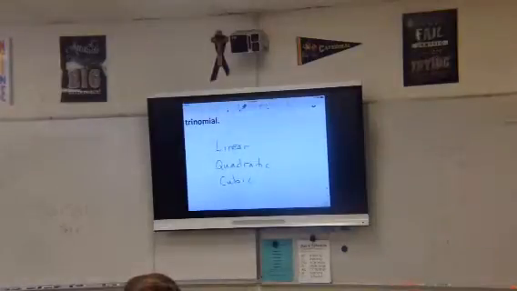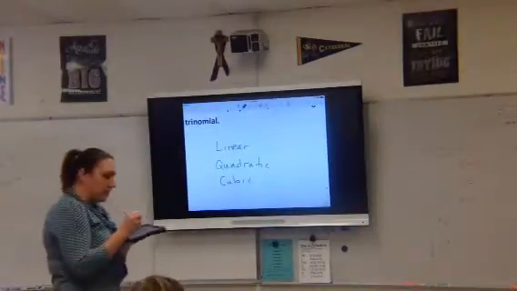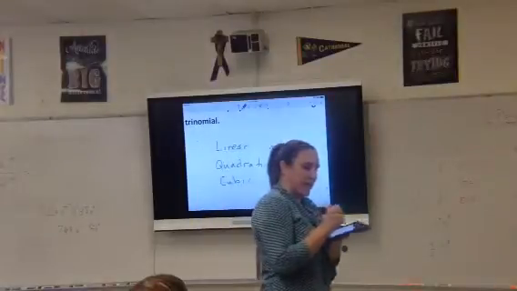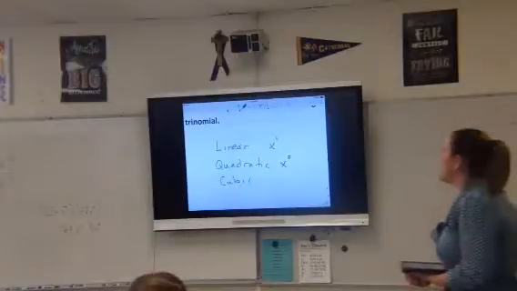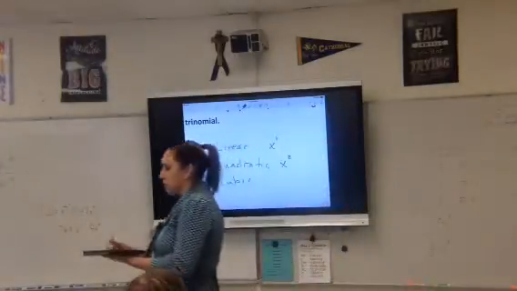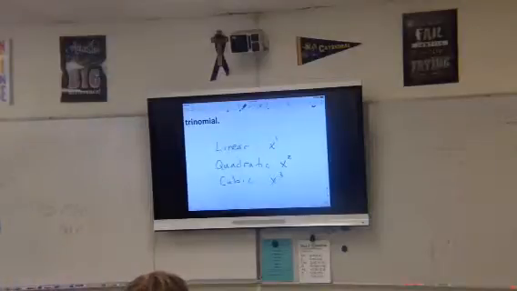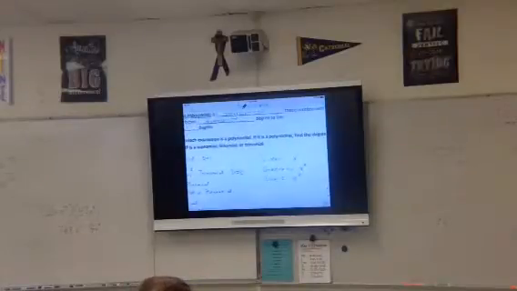Linear means that your degree is 1, so it would just be like x to the first. Quadratic will have a degree of 2. A lot of people get quadratic confused because they see quad and they think 4. So quadratic is a degree of 2, and what do you think cubic is? 3. Degree of 3. So those are just some extra vocab words that we're going to need to know in a minute. Okay, so linear, quadratic, and cubic.